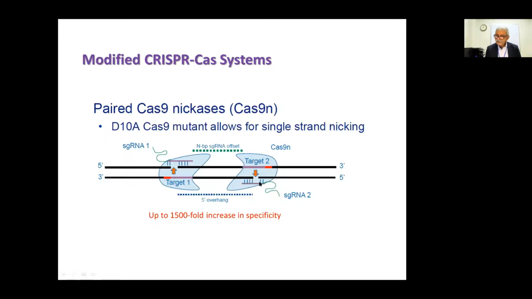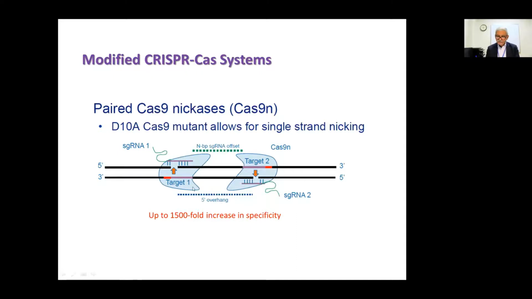So there are very few chances that the pair of gRNA can bind non-specifically at other places. Only the DNA will have a double-stranded break when gRNA1 binds in close vicinity to gRNA2.